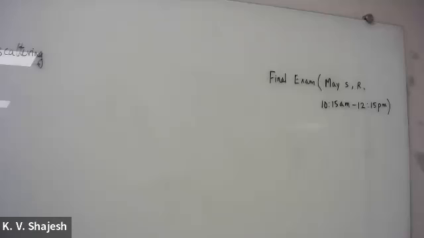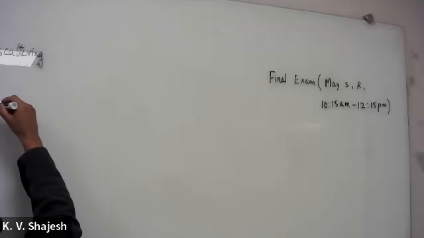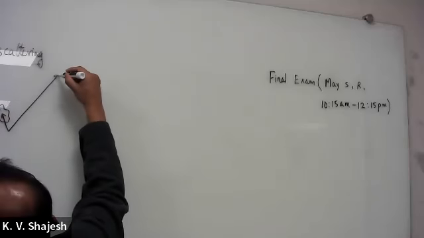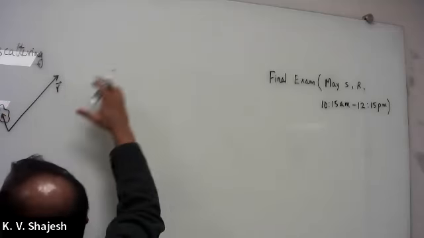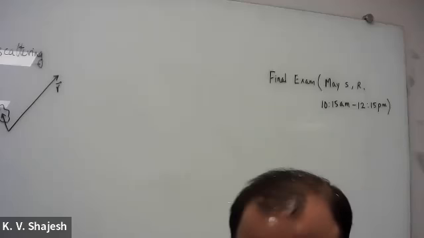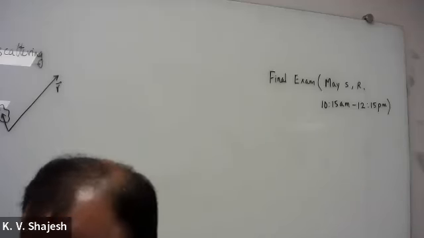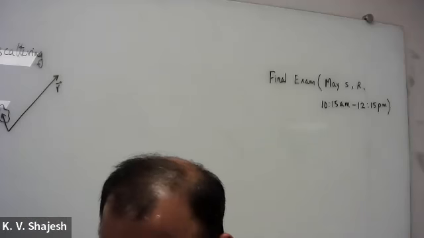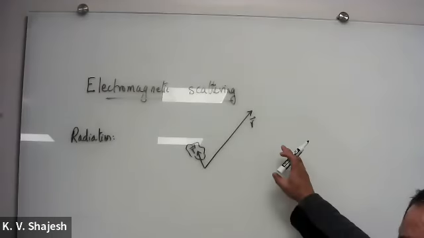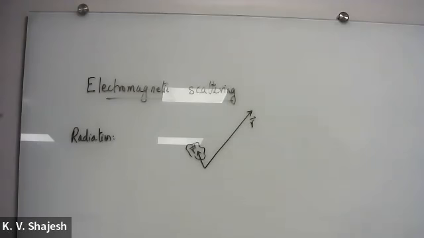So radiation involves a source somewhere here. So that's your R prime, and in the approximation where R is large compared to R prime, we were able to get the fields and the power and pretty much whatever was needed.